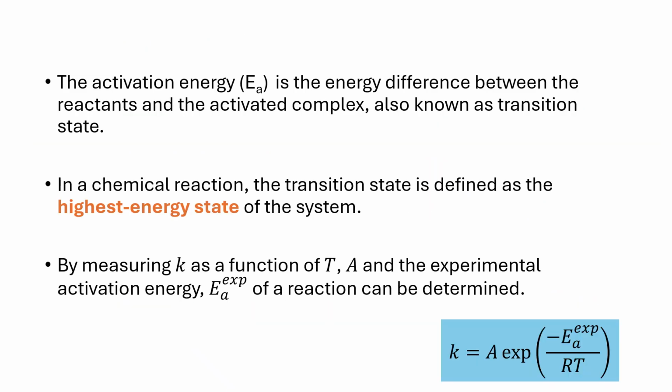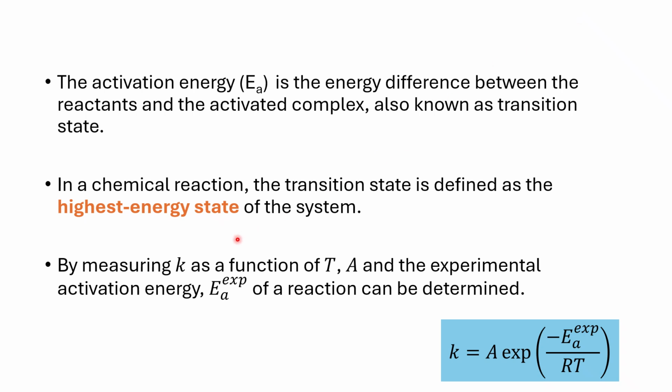Activation energy. What is activation energy? Activation energy is the energy difference between the reactant and the activated complex, or sometimes it is known as the transition state. So in a chemical reaction, the transition state is defined as the highest energy state of the system.